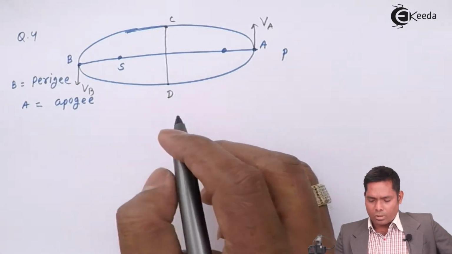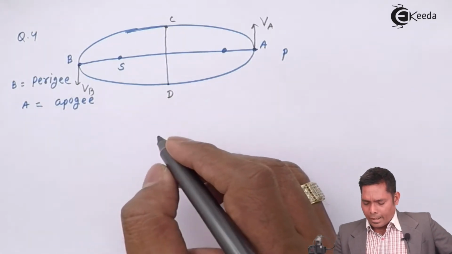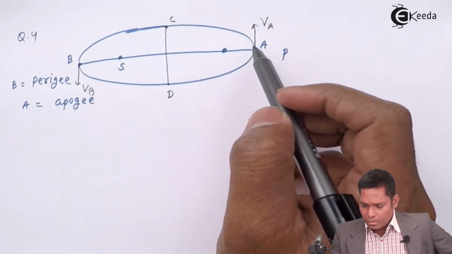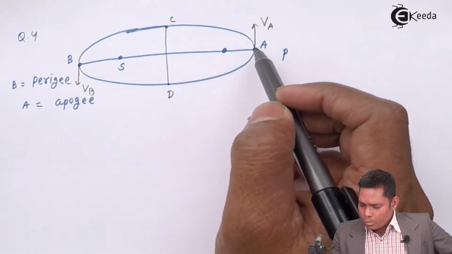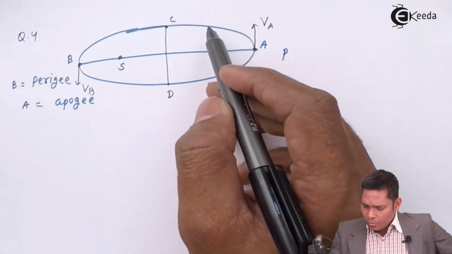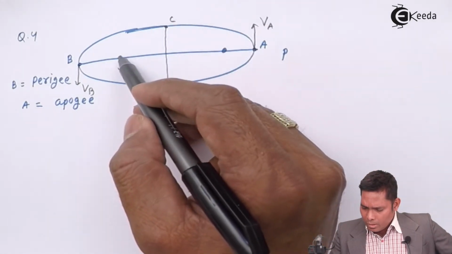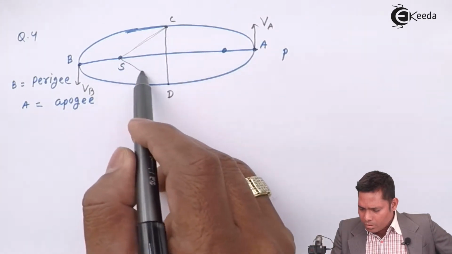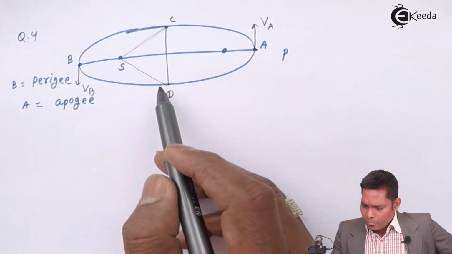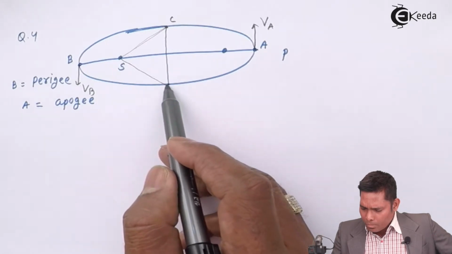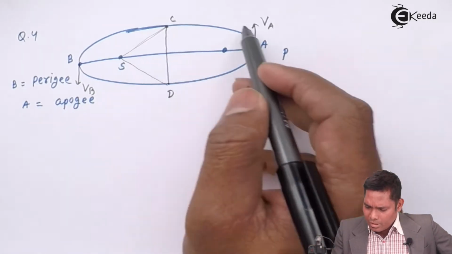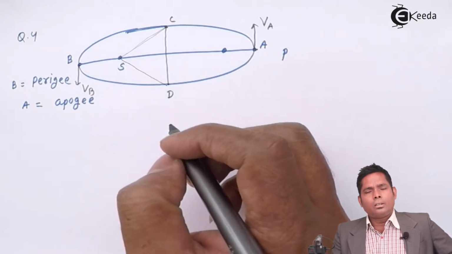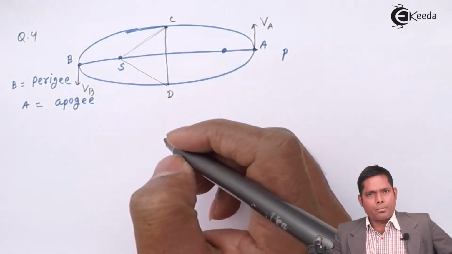That is the first question, and the second is about area. If I join this point with this one and the sun with this point, then when the planet goes from D to C, the right side here and the left side here, whether the time taken is the same or not.